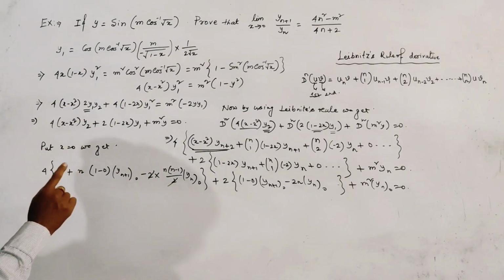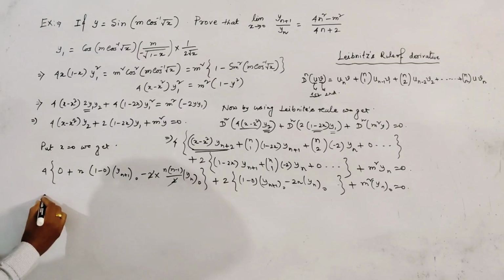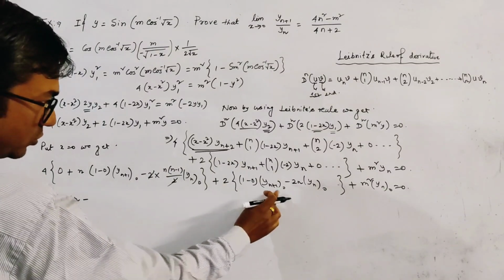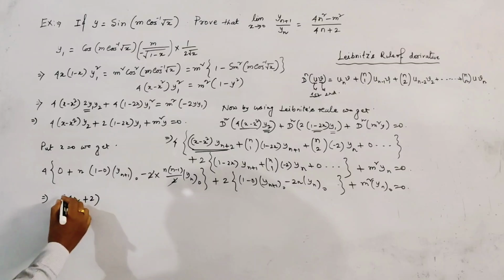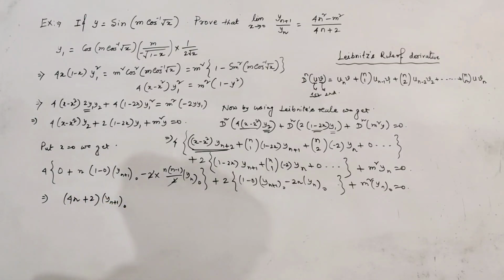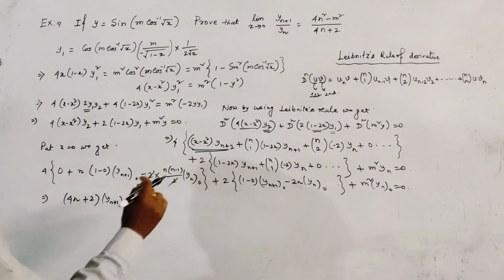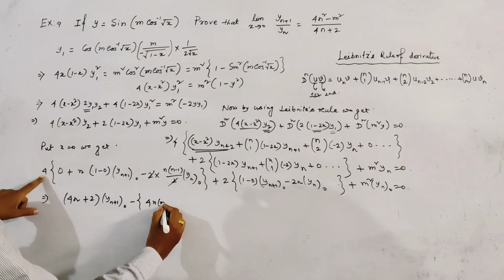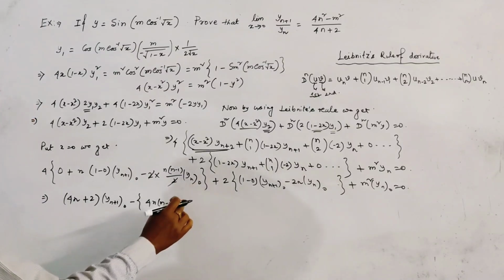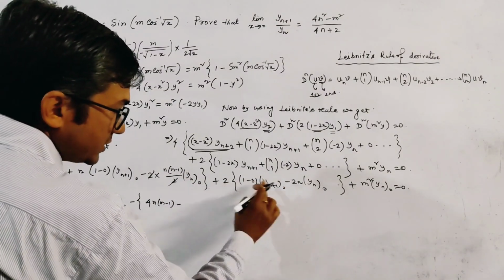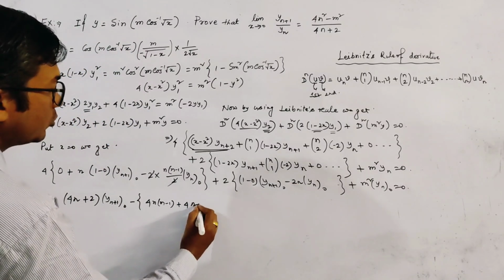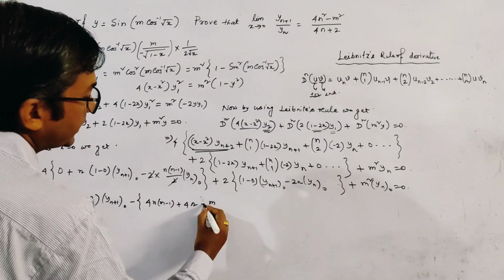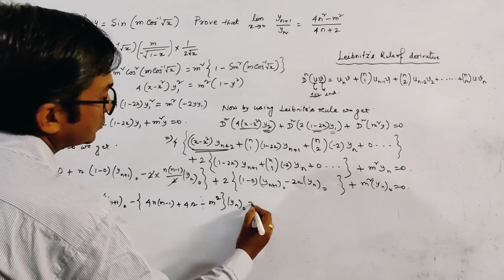Now we write y_{n+1}(0) together: 4n + 2 times y_{n+1}(0), minus [4n(n − 1) ... taking common minus, 4n² − 4n + 4n − m²] times y_n(0), equal to 0.